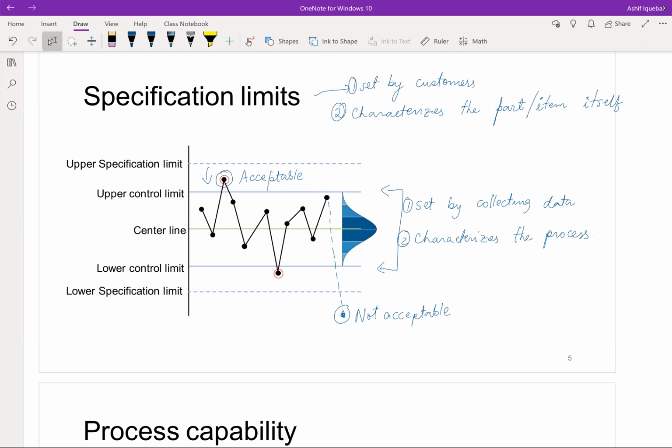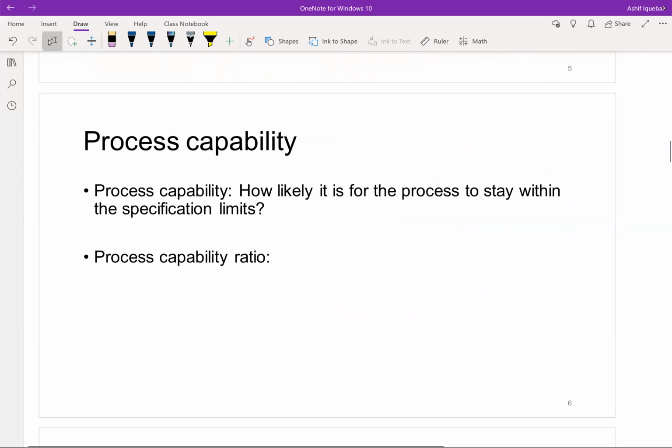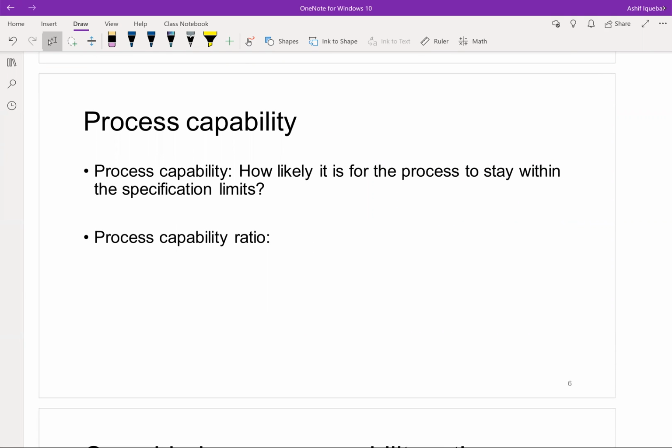The manufacturer in this case is US Axle Inc. They want to know how likely is it for their process to stay within the specification limits. And this is called process capability. So let's repeat this again. Process capability is how likely it is for the process to stay within the specification limits.